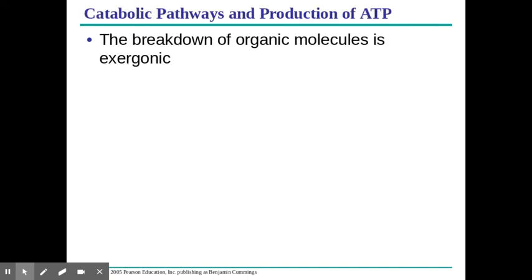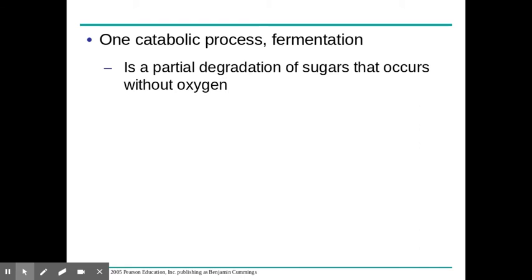So the breakdown of organic molecules is exergonic. So again, this is catabolic. We are going to break things down. In this case, we'll talk about glucose. And that is exergonic, meaning it's going to release energy so that our bodies can use it. Another catabolic process that I'll get into later is fermentation.